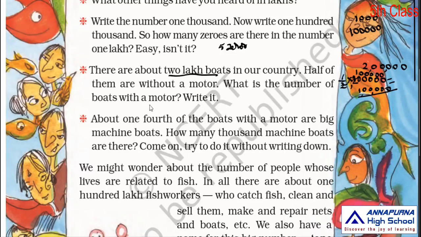What is the number of boats with motor? Here total boats are 2 lakh. Out of 2 lakh, 1 lakh boats are without motor. And what about those with motor?